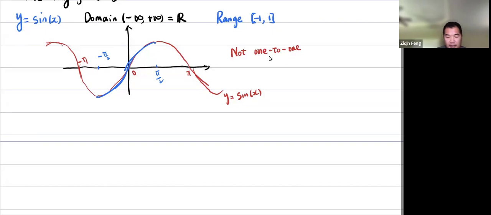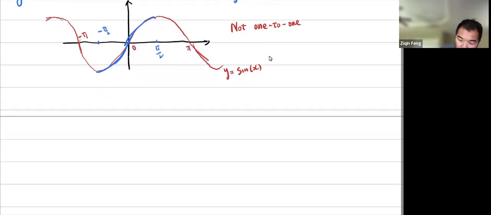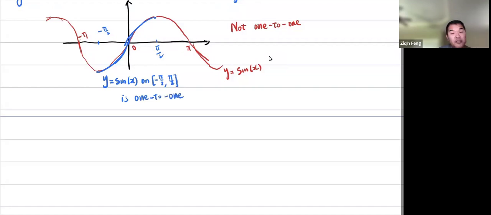The blue part is our function y equal to sine of x with the domain changed to -pi/2 to pi/2. That small piece of our sine function is one-to-one. You can see that from the picture. So the inverse exists.